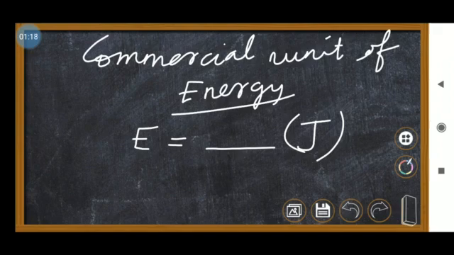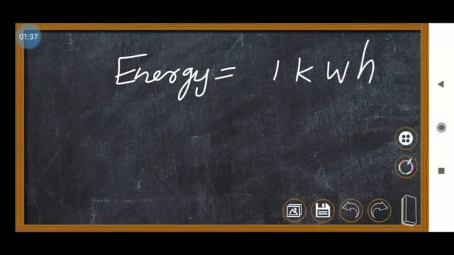The joule is very small, so we have to take a bigger unit. The bigger unit of energy we represent as 1 kilowatt hour.